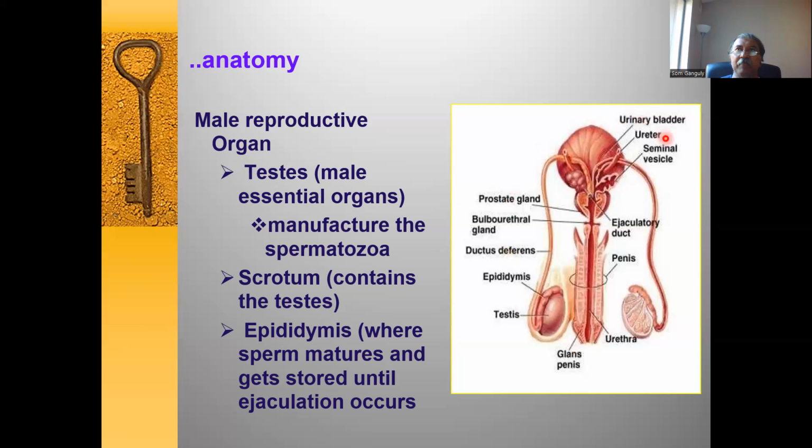This is the male reproductive organ system. So in the scrotum, we have the testis, which manufactures the sperm through spermatozoa, stores and matures at the epididymis, a convoluted structure here, comes out through this vas deferens or ductus deferens into the ejaculatory duct, into the prostatic urethra.